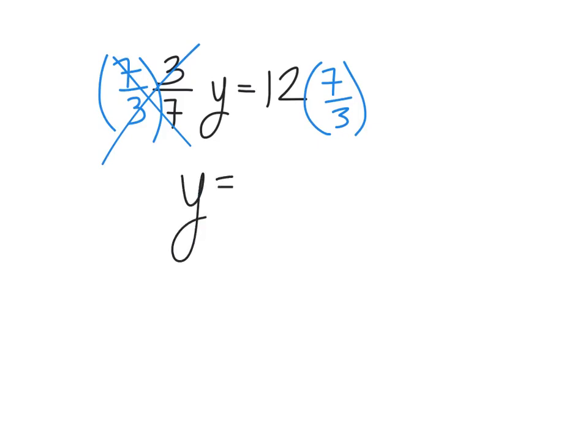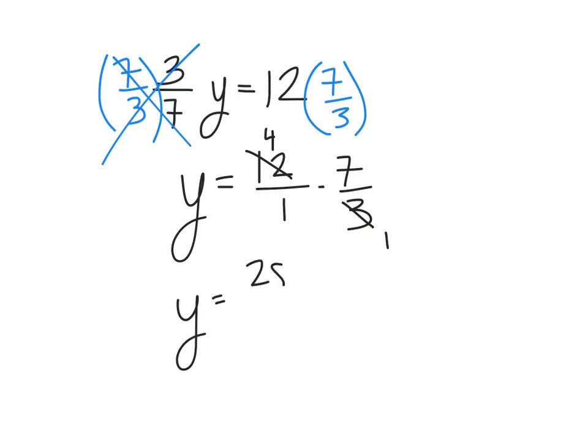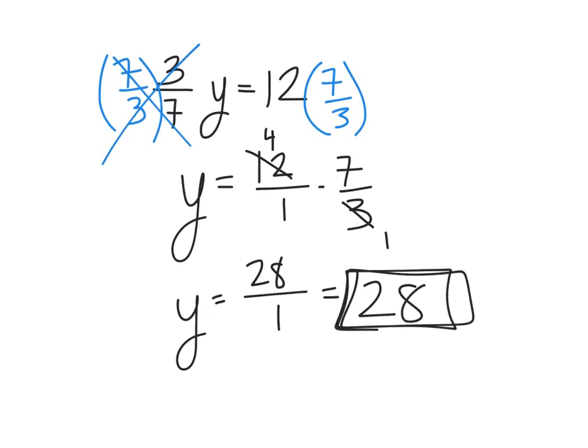And then when I multiply the 12 by 7/3, I have 12 over 1 times 7 over 3. And I'm going to cross cancel by dividing both of those numbers by 3. And then I can multiply my numerators together, and I can multiply my denominators together, and I get the final answer of 28.